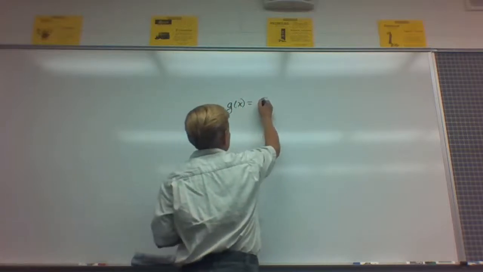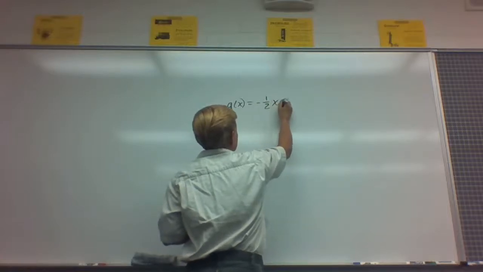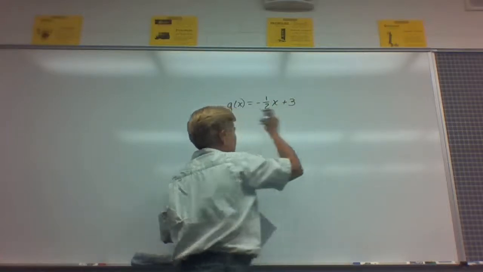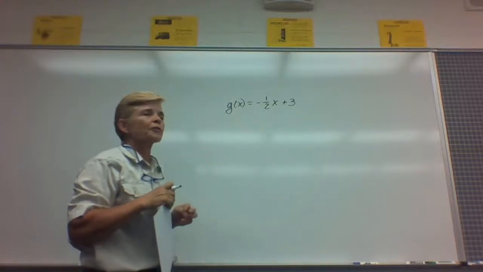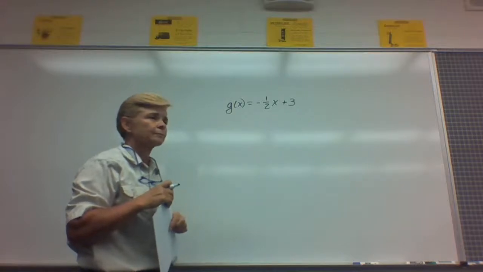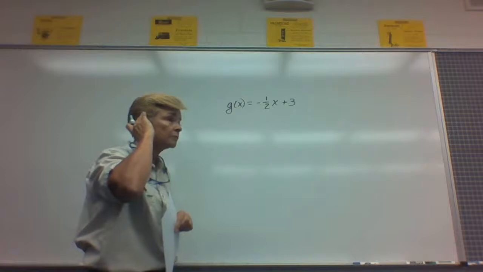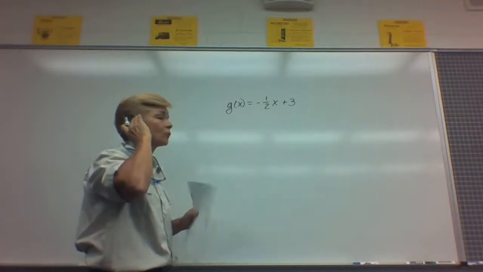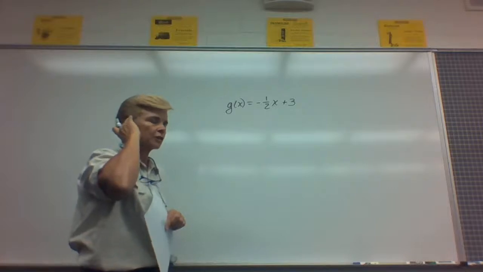It's something like negative 1/2 x plus 3. That's the graph you have to produce. You also have to produce its parent graph. What is the parent graph for this function? What about x? Yeah, y equals x, or f of x equals x, right? It's a linear function.